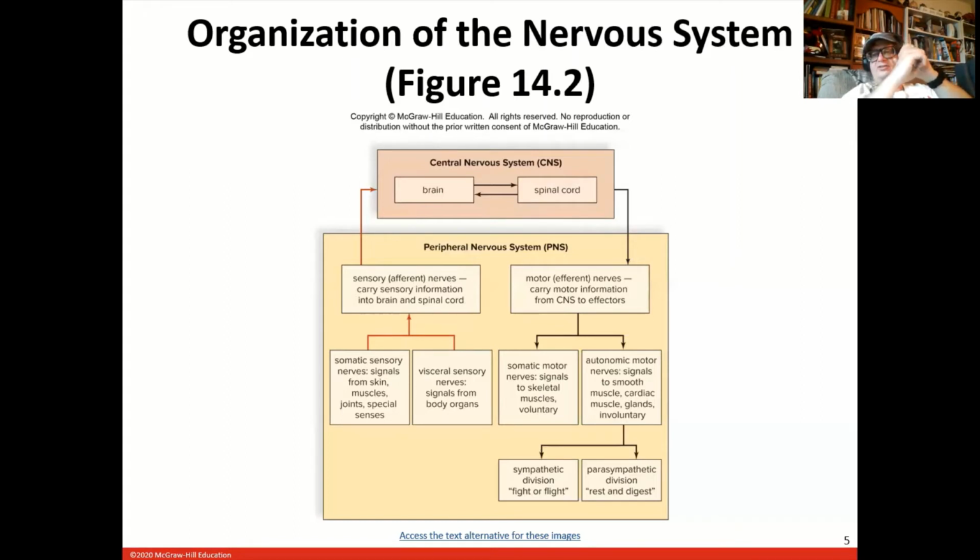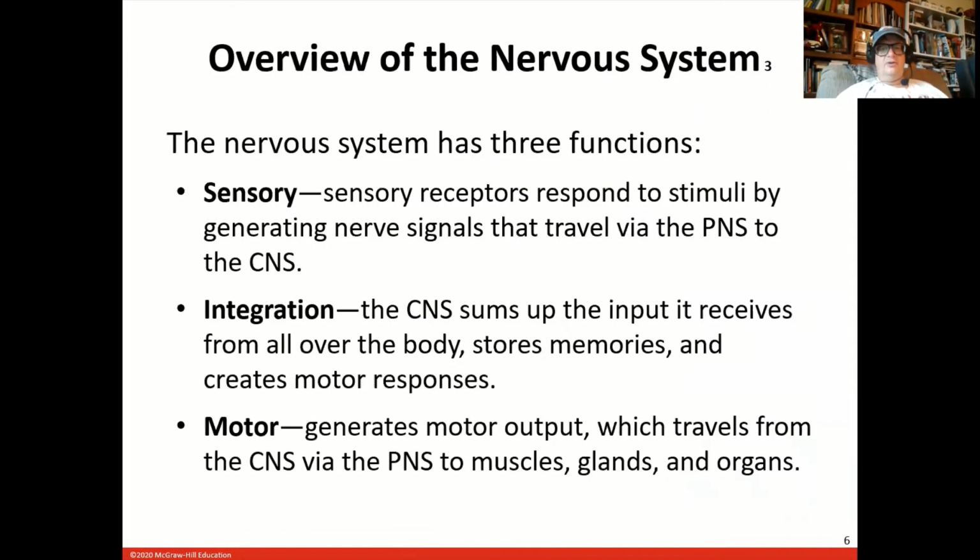Let's send oxygen to the brain and the muscles so we can get out of here and survive. We'll eat later. So if you release norepinephrine, basically anti-adrenaline, that would be your rest and digest. And both those can be triggered by signals from the nerves. Moving on.